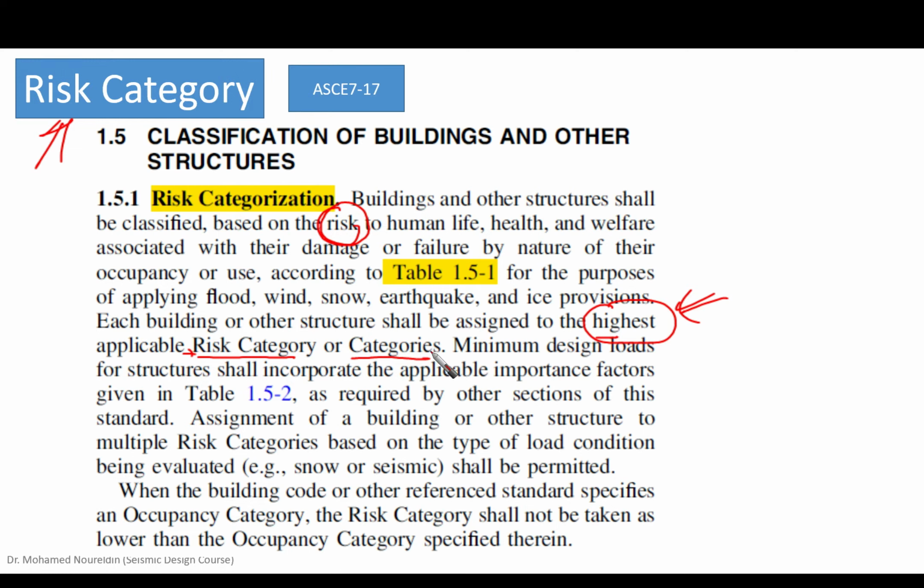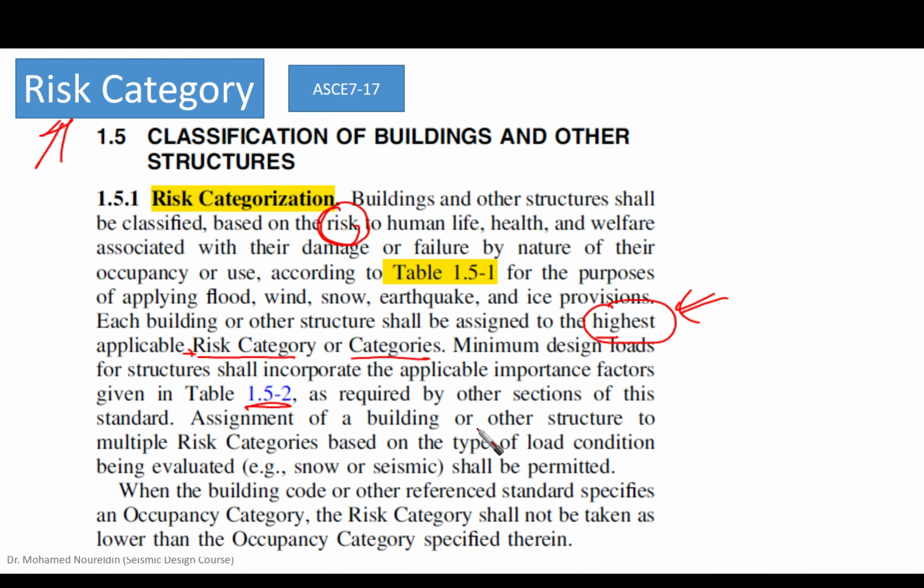Minimum design loads for structures shall incorporate the applicable importance factors given in table 1.5-2. This is actually talking about the importance factor, which I'm going to touch upon after a few slides from now.